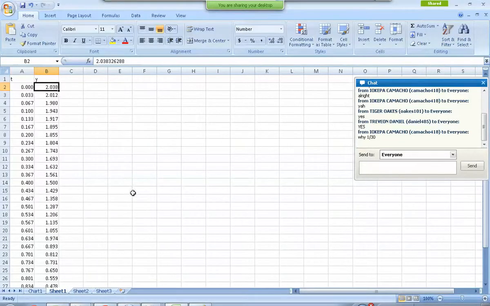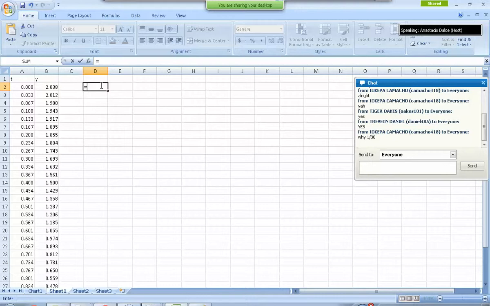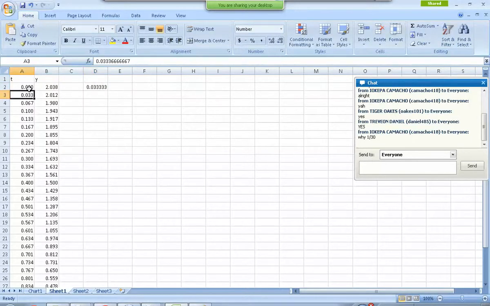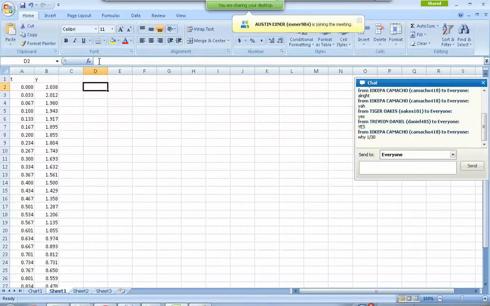Kepa's asking about 1/30th of a second. All right, I'll tell you why. 1/30th of a second is 0.03333. The difference in time between each of these is 0.03333. The reason is because my video is running at what we call 30 FPS, 30 frames per second. That means every frame is 1/30th of a second.